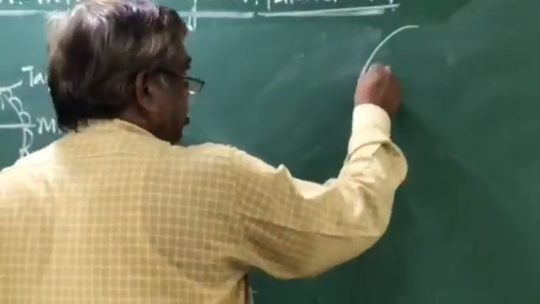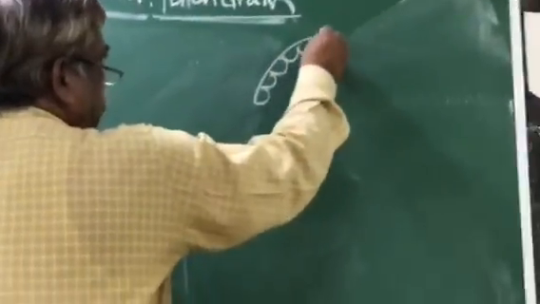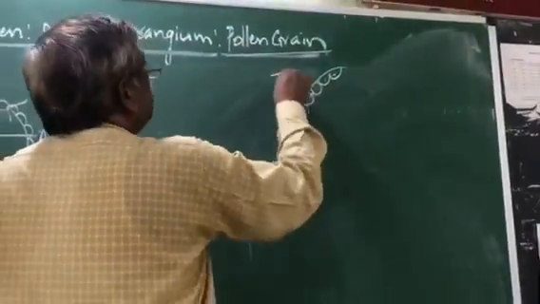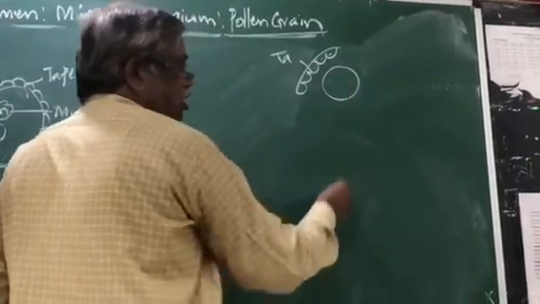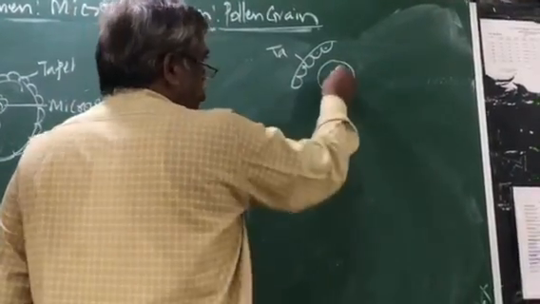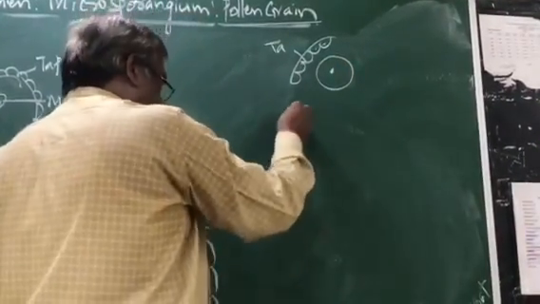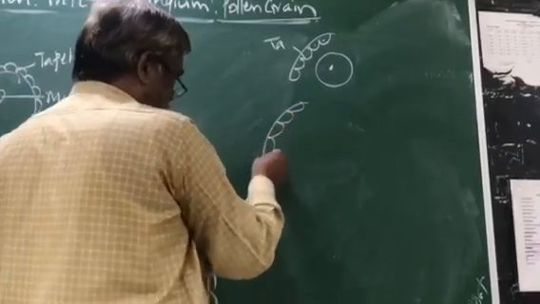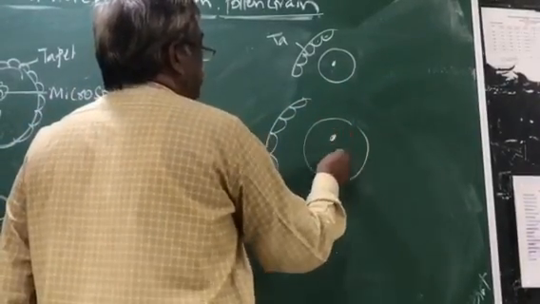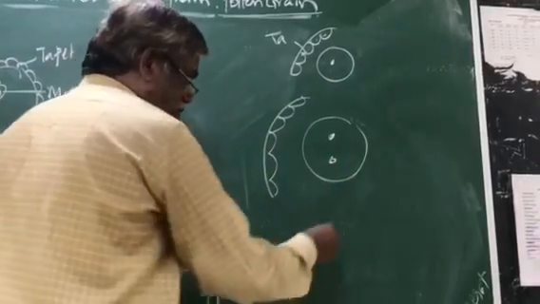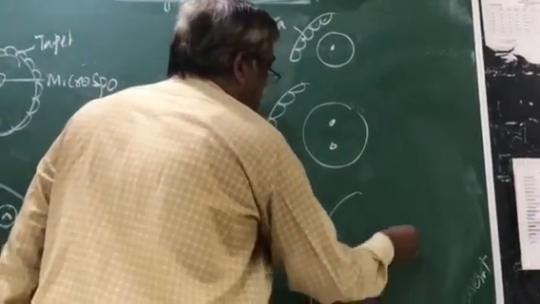I will do my level best. Now it is the tapetum. This is a space. It is a microspore, uninucleated. Now the tapetum is as it is. Right. Now binucleated.